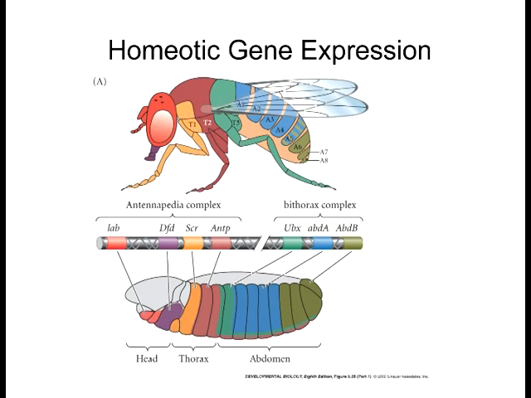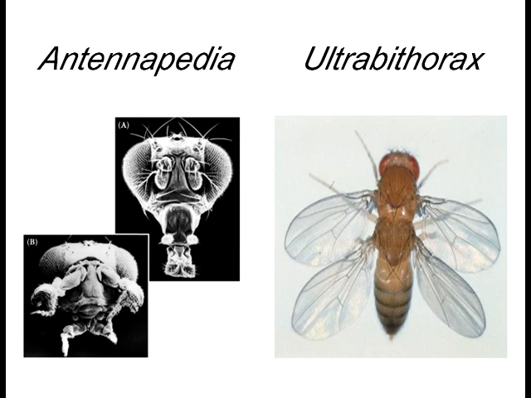Ultrabithorax is one that's studied quite a bit, as they've done studies where if they remove Ultrabithorax, then Antennapedia takes its place, and you get 2 sets of wings instead of 1. So they've shown that these HOX genes, or homeotic selector genes, are necessary for proper development of certain structures. If you delete the Ultrabithorax gene and you get more of this gene going in this region, you get 2 sets of wings instead of 1.